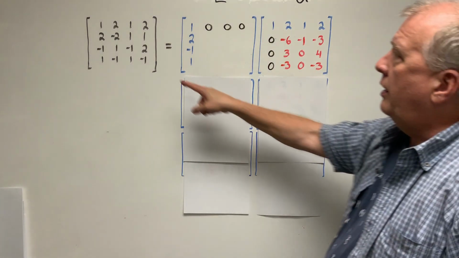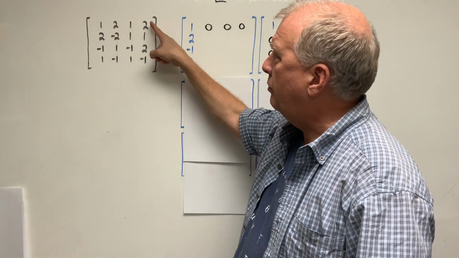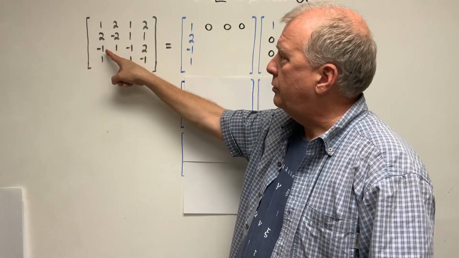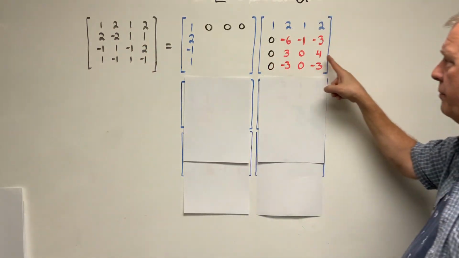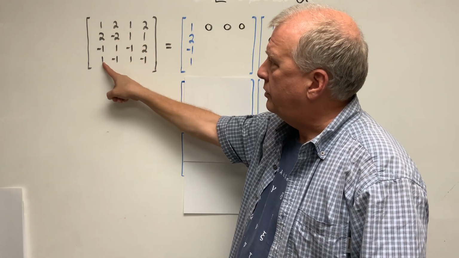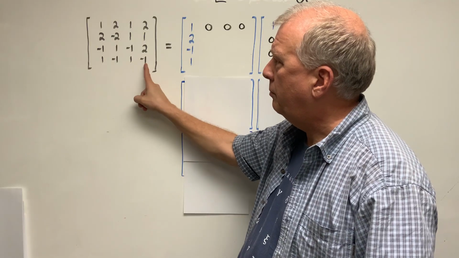Minus 2 times this gives 0, negative 6, negative 1, negative 3. Adding first and third rows, 0, 3, 0, 4. Negative 1 times the first row plus the fourth gives 0, minus 3, 0, minus 3.